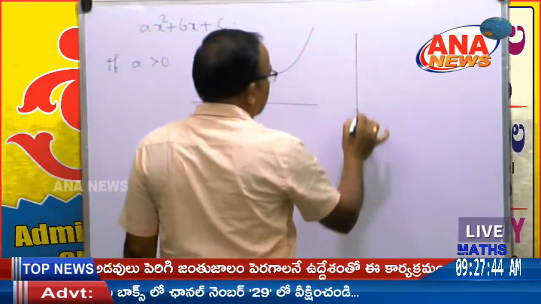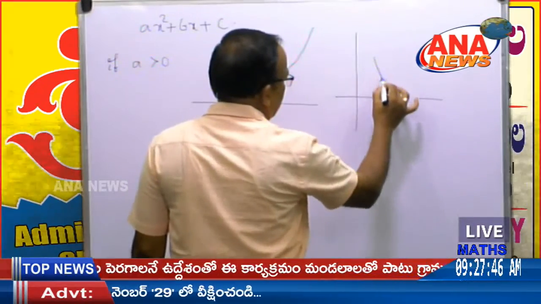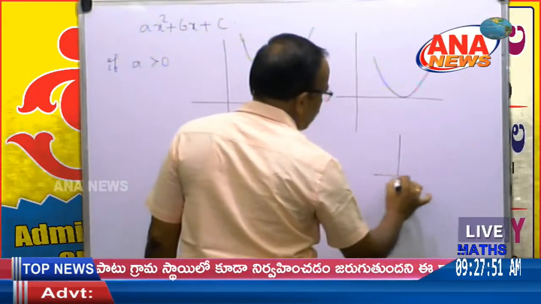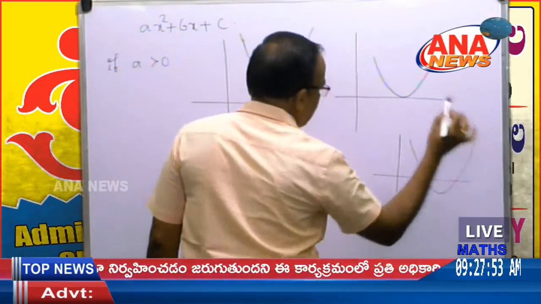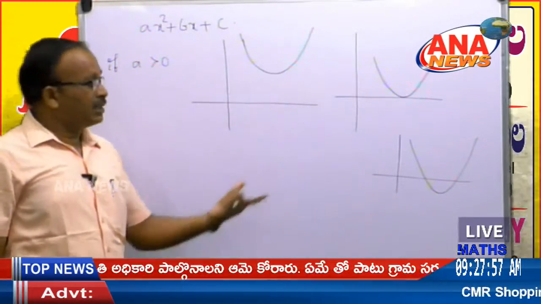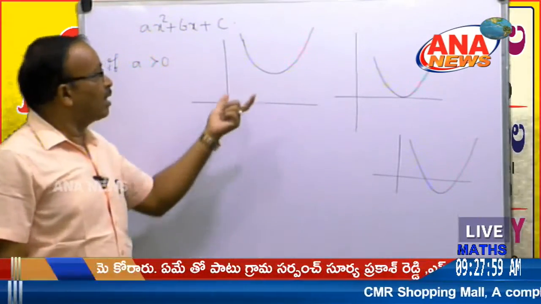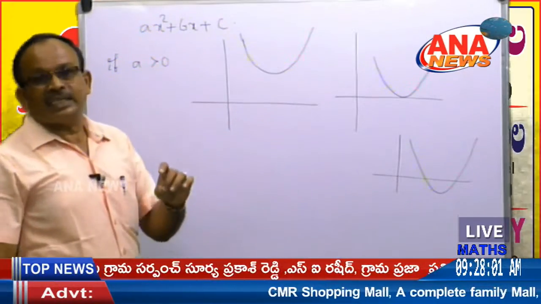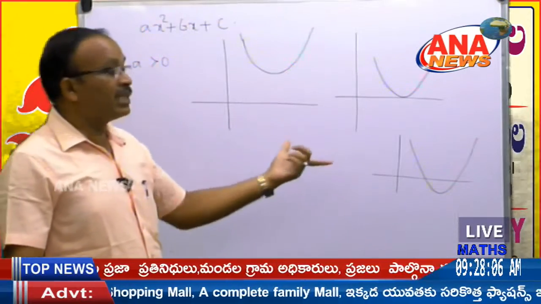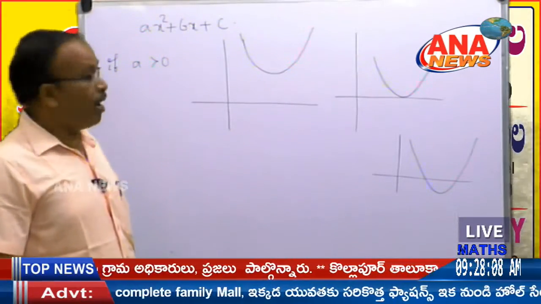Another case is this one. Third case is like this. In the first case the curve does not intersect the x-axis, in the second case the curve touches the x-axis, in the third case the curve intersects the x-axis in 2 points.